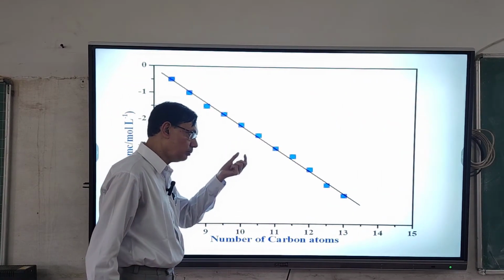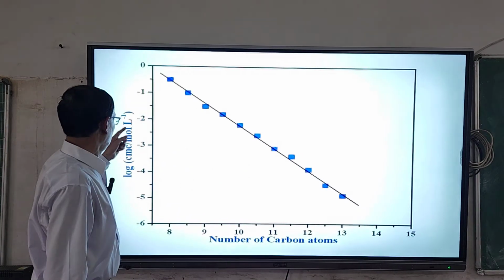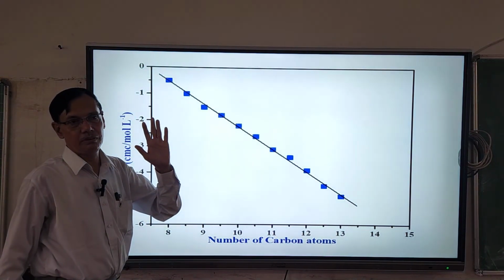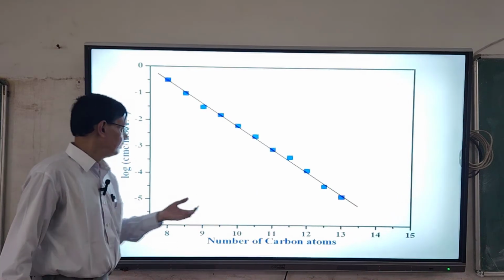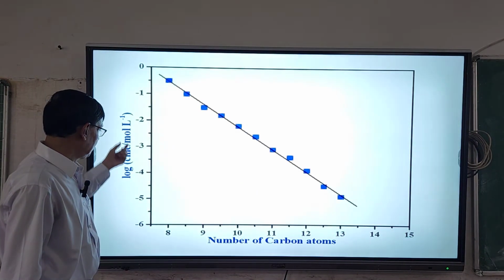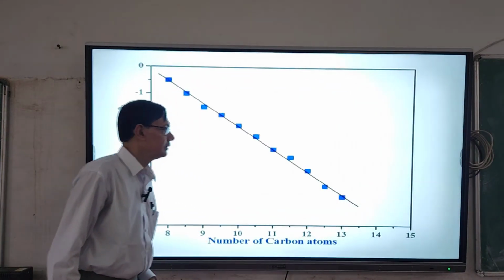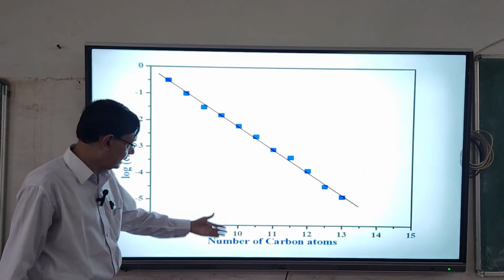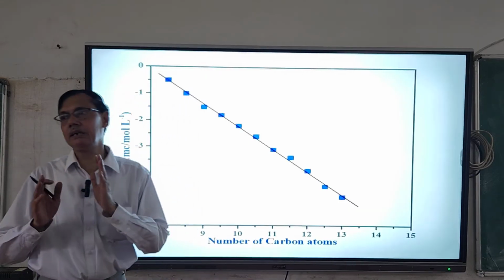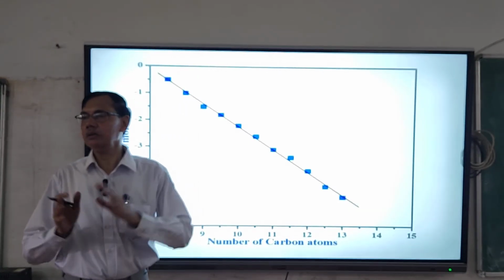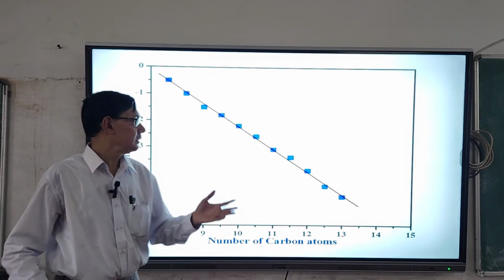If you change the methylene group, CH2, CH2 like that, it is an empirical relationship proposed by scientists, between log of CMC and the number of carbon atoms from 8, 9, 10, 11, 12, 13, 14. It is an empirical relationship based on a large number of experiments.